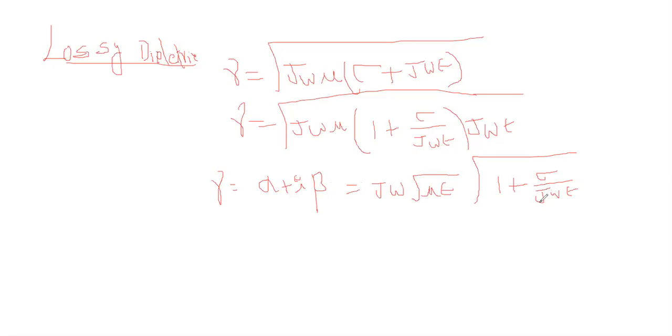Now we can write it with 1 by j in the numerator, it becomes minus j, 1 minus j function. So that is equal to j omega under root of mu epsilon, and again another root of 1 minus, 1 by j, I am writing it as j here, sigma by omega epsilon. Sigma by omega epsilon. Okay, and that is alpha plus j beta.